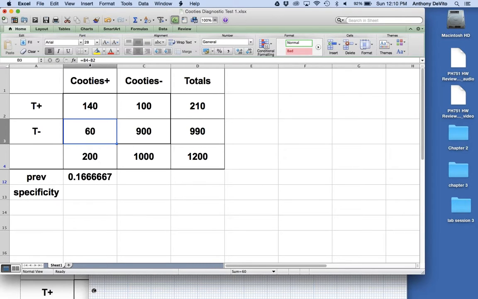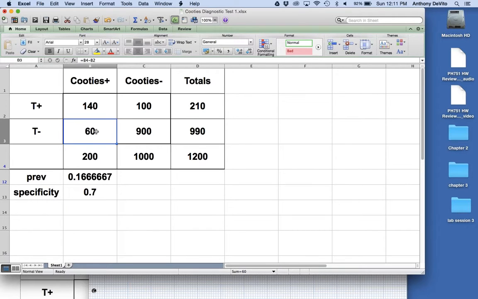So now if I look at this, I'm going to say to myself, okay, well, the probability that you were identified correctly as having the condition is 140 out of 200. So our specificity is 140 divided by 200, or 70%. The specificity of this test is 70%. 70% of the time it will correctly identify someone as having the condition.